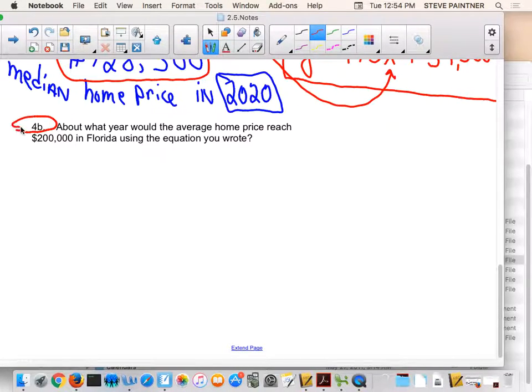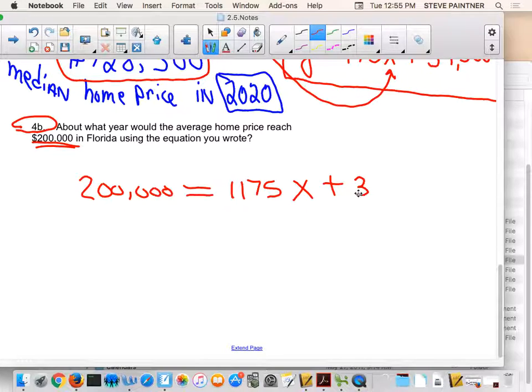Last question. About what year would the average home price reach 200,000? Now you have to put it in for the other variable. Put it in for Y. So 200,000 goes in for Y. X you don't know. I can't remember the y-intercept. Is this it?